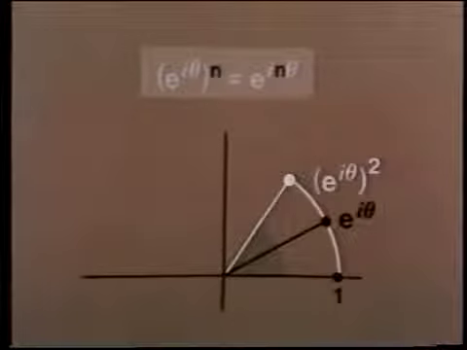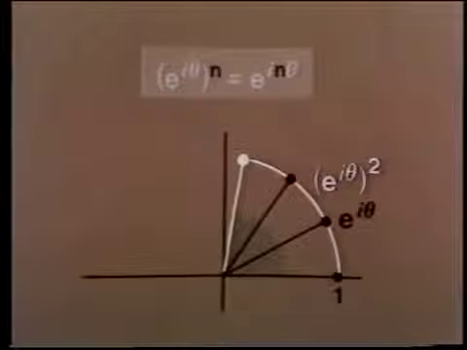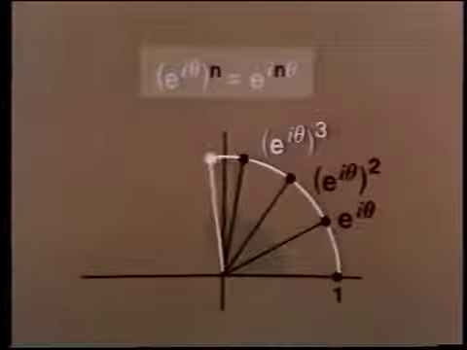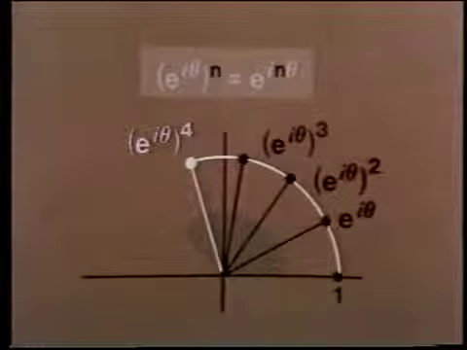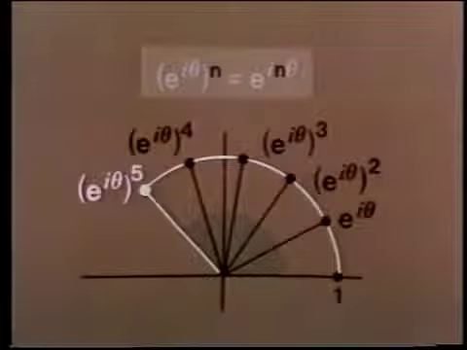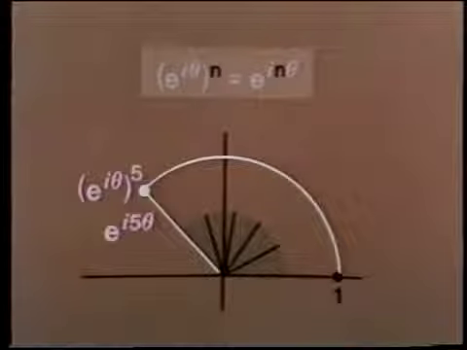For the cube, just multiply by e to the i theta again. And this way, you can build up powers of e to the i theta. The fourth power. The fifth power. But the angle here is just 5 theta. So this point can also be written e to the i 5 theta.